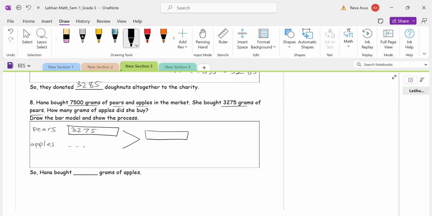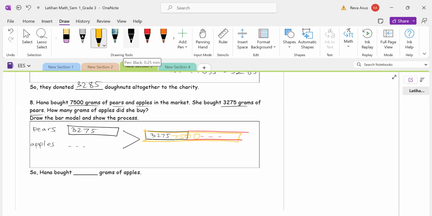So here we have pears 3,275, and then we don't know the apples, but all together, from here to here, is 7,500. Yeah.